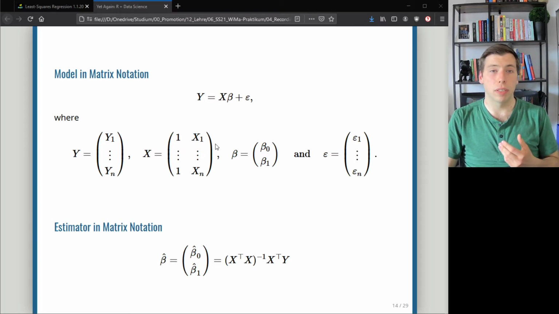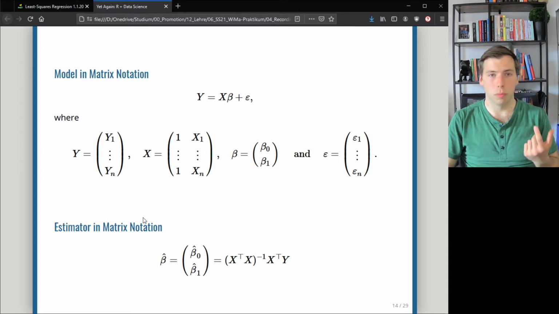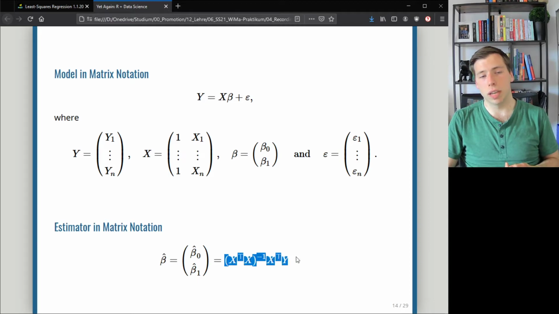We can think of this as just a simple equation in matrix notation, which looks like this then. And what our estimator then looks like, so the estimator for beta naught and beta 1, or more appropriately beta naught hat and beta 1 hat, this can be computed via this formula.